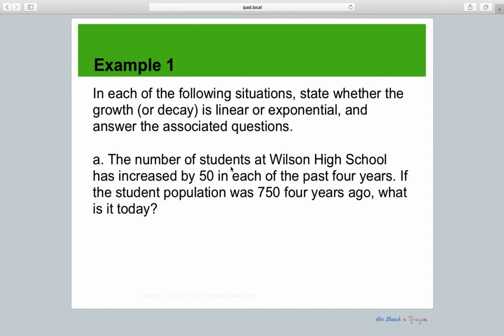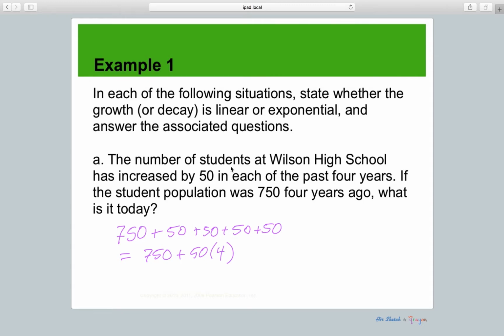So in this case, we would just take that initial amount, 750, and we would keep adding the same absolute amount of 50 students each year. So 50 the first year, 50 the second year, 50 the third year, and 50 the fourth year. And so the thing I want you to notice about that is we can do that much more quickly just by going 750 plus 50 times the number of years that we want to see the growth for.